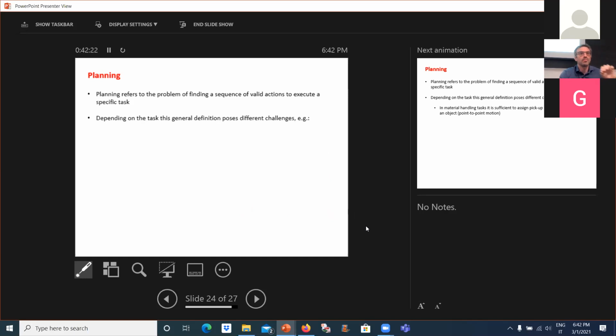So if, for example, the task is to drill a hole at this point, and the robot is here, it needs to first plan a trajectory to move to the location where I want to do the drill, and then perform a motion at slower speed in the drilling direction to create a hole. And then a third task is to exit and move to another place for another operation, for example.